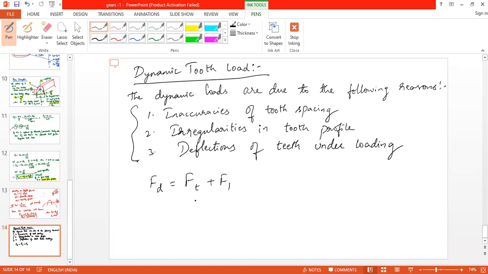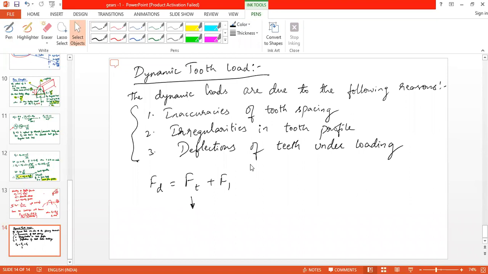So what is this Ft here? Sigma naught B pi m kV. It is sigma naught only, it is not sigma A.